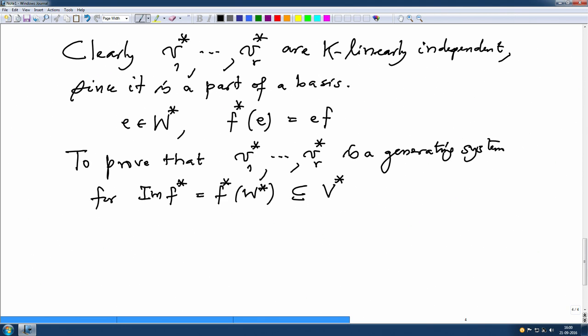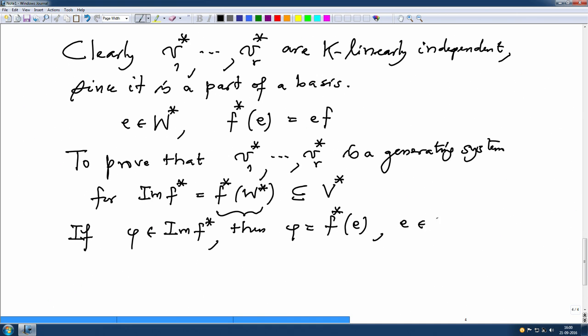So I want to prove that anybody in the image should be a combination of V1 star up to VR star. If some phi belongs to the image of F star, then phi must be F star of some linear form E in W star, which is E compose F, and I want to write this phi as a linear combination of V1 star to VR star.